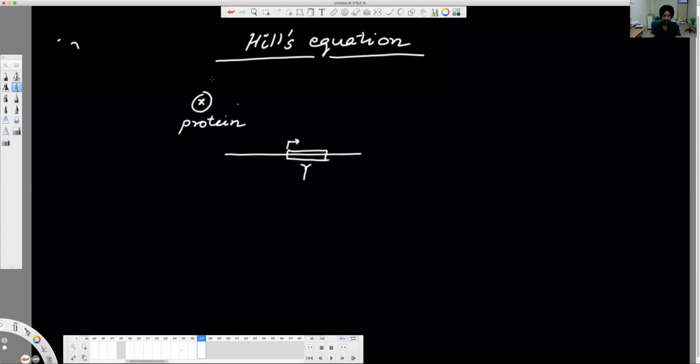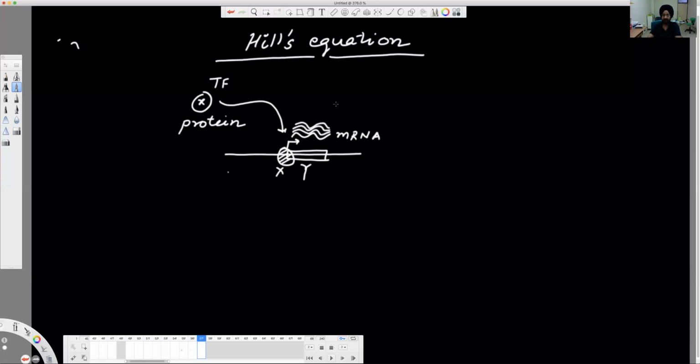So let us assume that X is a transcription factor which is needed to activate the gene Y in response to something, right? So it has to come and bind here. So this is your X binding here. And the moment it binds here, this DNA will open up and transcribe. It will make mRNA, right? Not one copy of mRNA, but several copies of mRNA.